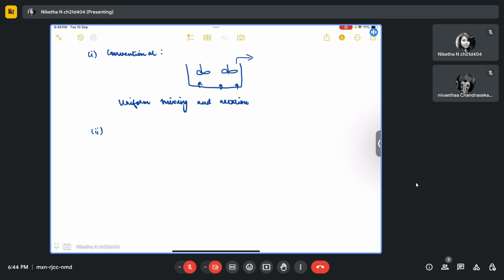So the second way is tapered aeration. In this, the aeration is intensified at the inlet and it is reduced towards the outlet.